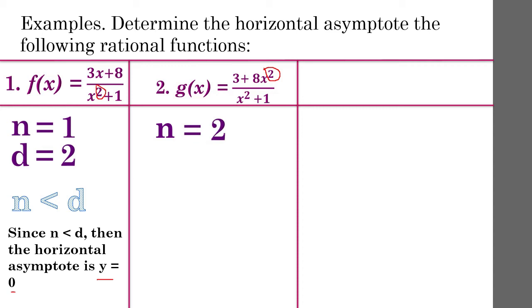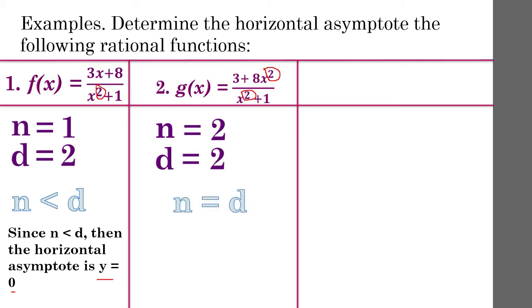So what is the highest exponent in the denominator? We have 2. And therefore, the degree of the denominator is equal to 2.